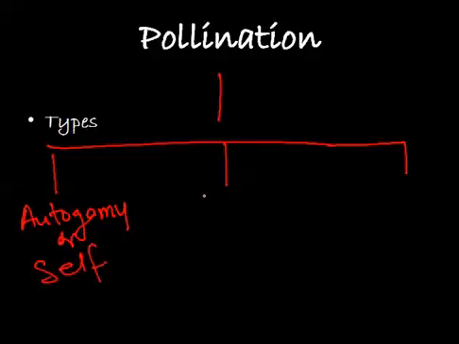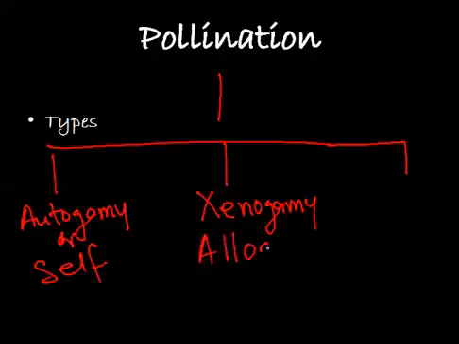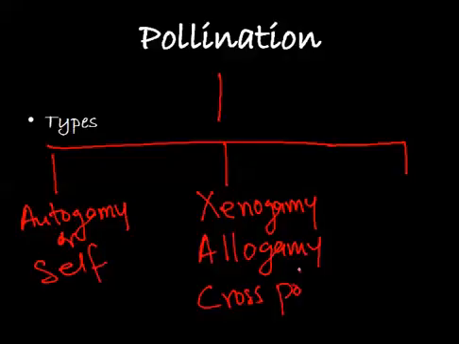The second one is xenogamy, also called allogamy or cross-pollination. The third one is called geitonogamy.